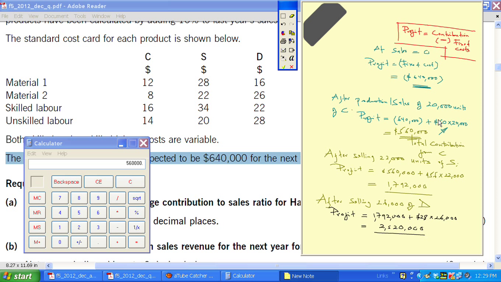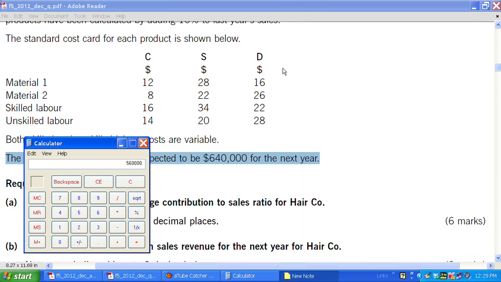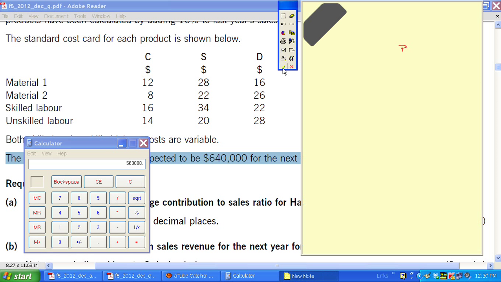So we've been getting the profit figures, the cumulative profit.